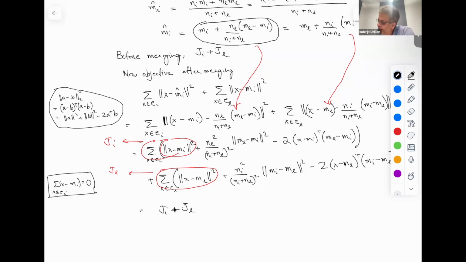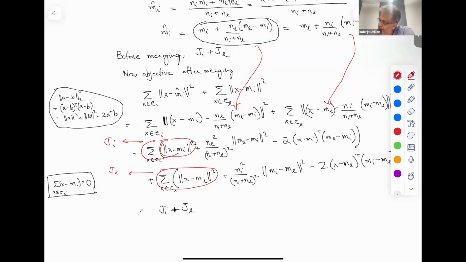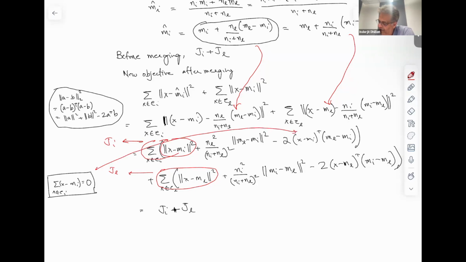So since that is 0, this whole summation will be 0. And similarly, this whole term is going to be equal to 0. Is that clear?